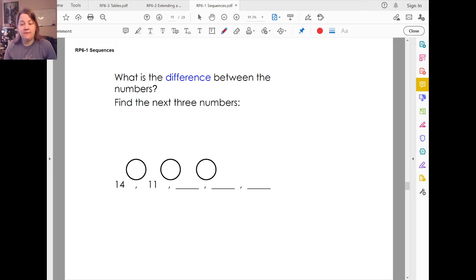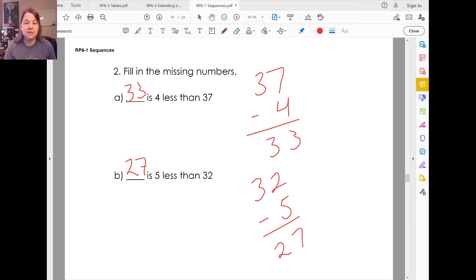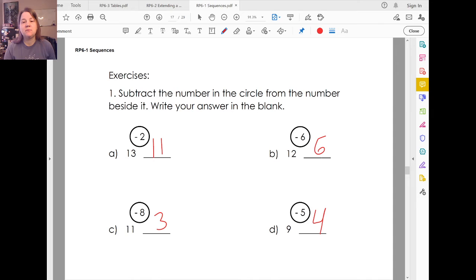So now you want to figure out here, from 14 to 11, what's the difference between 14 and 11? 3 is the difference between 14 and 11. They want us to find the next 3 numbers, but the way I've written that, it looks like we're adding. So what I want to do when I'm making adjustments is the same thing that they did up here, make sure I include my subtraction sign.